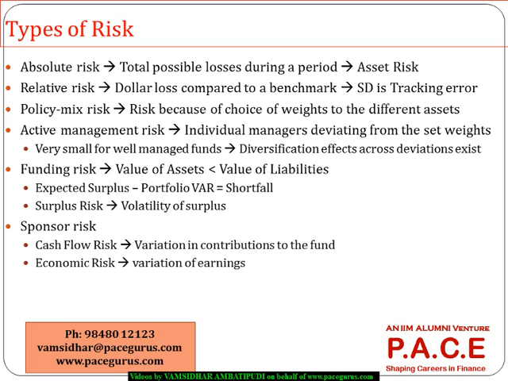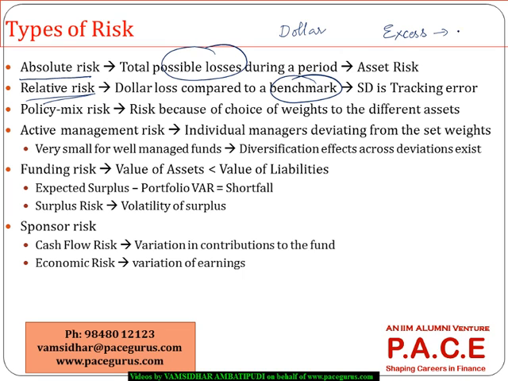Now comes understanding of the different types of risk. While measuring risk, we can measure either absolute risk, which is the total possible loss during a period. It's in complete absolute terms, either in dollar terms or in percentage terms. Whereas when I talk about relative risk, I always compare it to a benchmark and look at the excess over the benchmark.